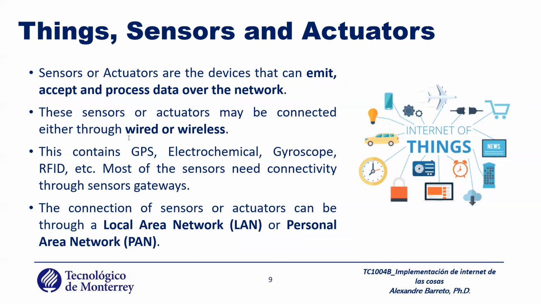So the sensor can be wired or wireless. Okay. Remember, in the past, you had a lot of wired systems. But for now, most of the sensors are wireless. You don't use a wire.